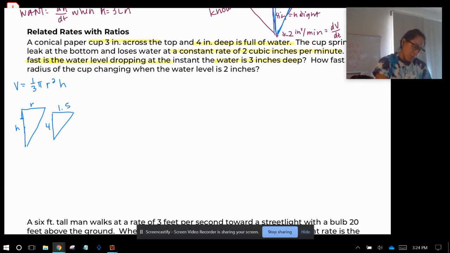Okay, so I can set this up as a proportion. R over H is equal to 1.5 over 4. Cross multiply, I get 4R is equal to, actually, let's just multiply by H. That seems like a lot easier.